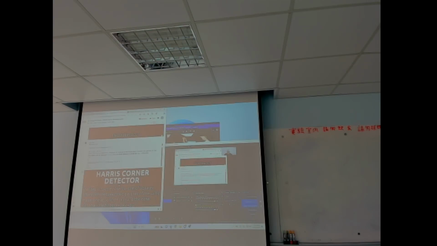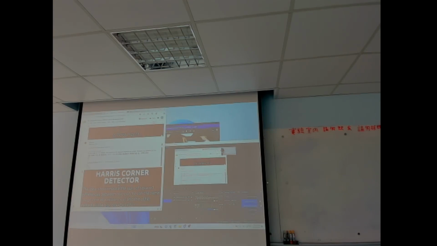So basically what we want is points that if they move in any direction, then I will notice that. So how would I notice this? Well, I would notice this if the point, if I shift it a little bit, is very different from its environment, the pixels around it.